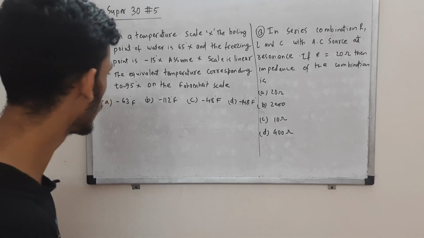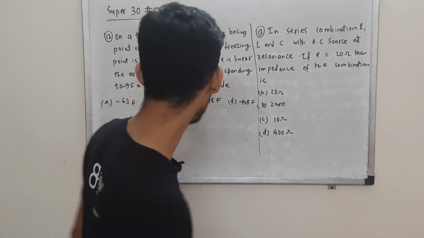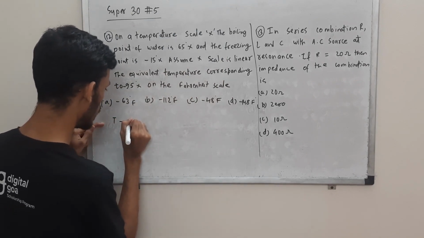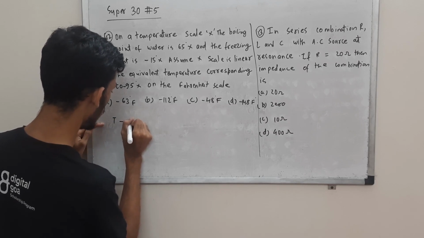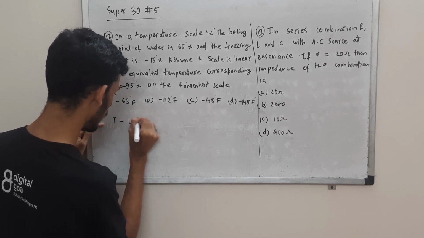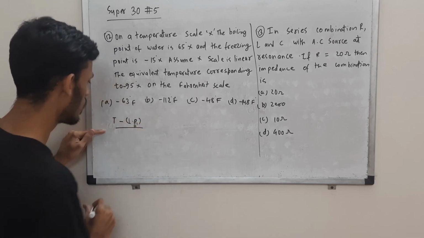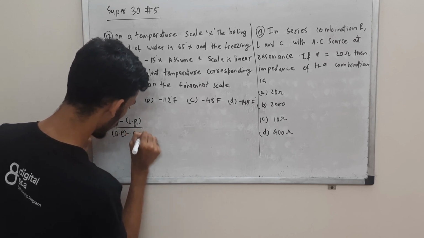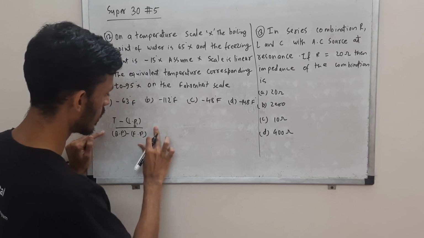Now the important concept that we are going to use is that for any temperature scale, a particular temperature T minus the freezing point, the lower point LP, divided by the difference of the boiling point minus freezing point will be constant.